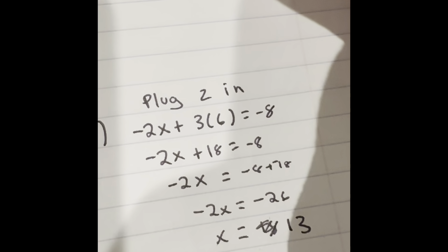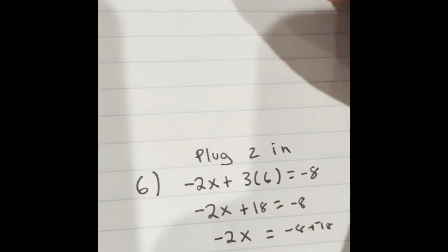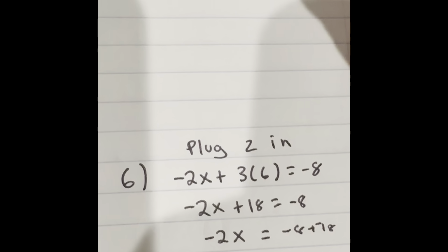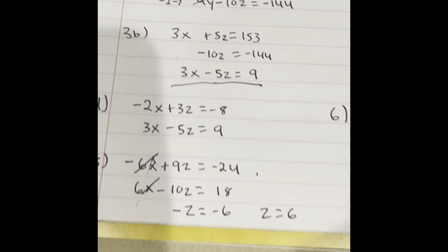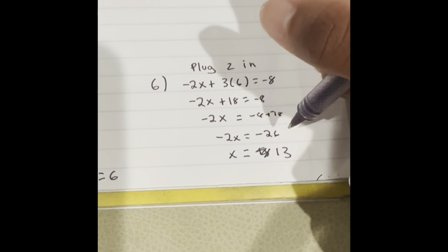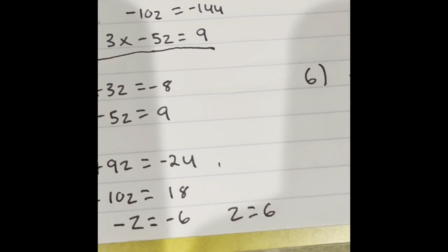Now, you have what x equals, and you have what z equals. Now, to finish this out, you have to find the amount of triangles, which is 13. From up here, you have 13 right here, and you have the amount of pentagons, 6 right here. And now you have to find the amount of rectangles. So to do that, you would plug in all the variables you have right now.